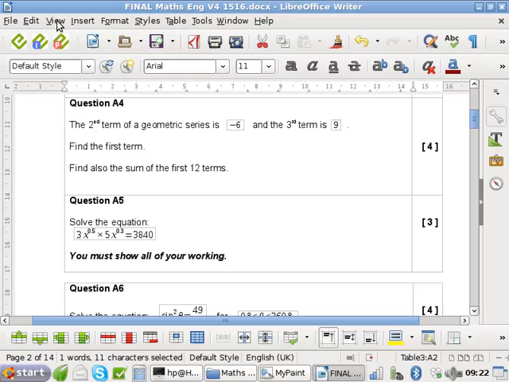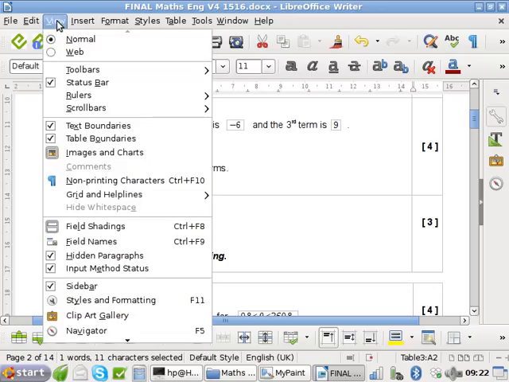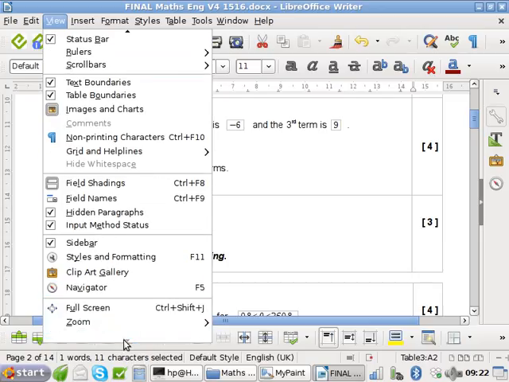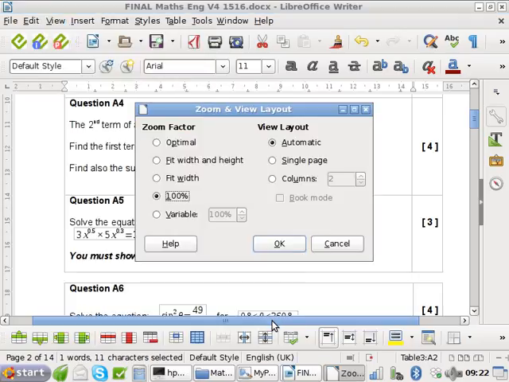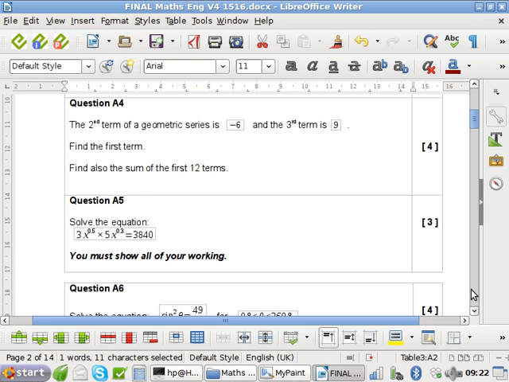No, it doesn't matter. Zoom. Forget it. Right, next one.